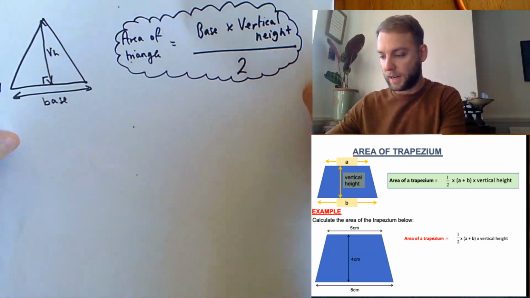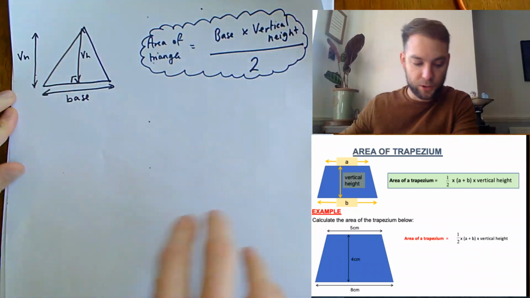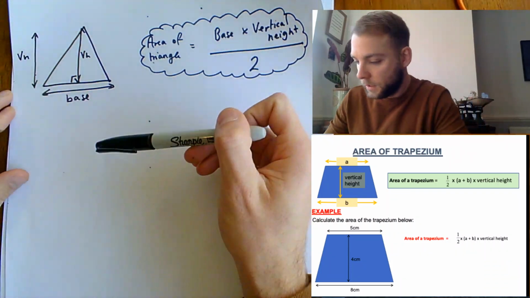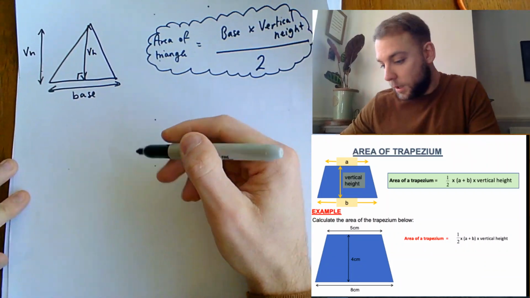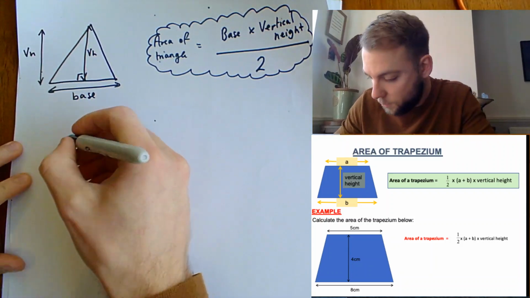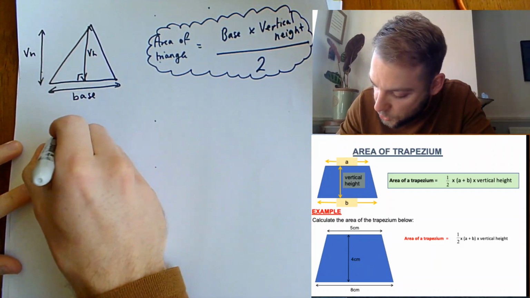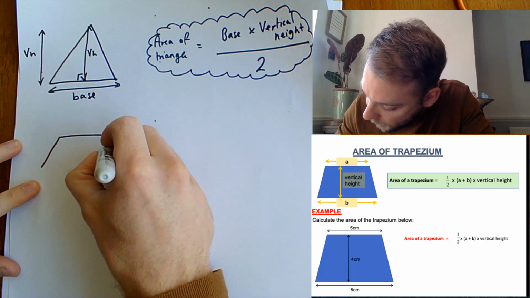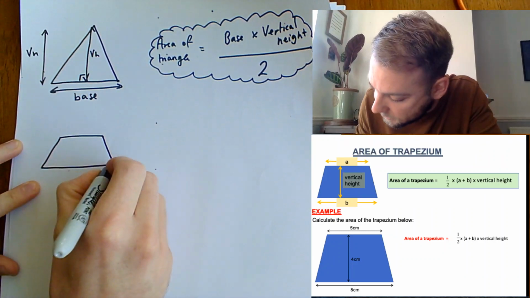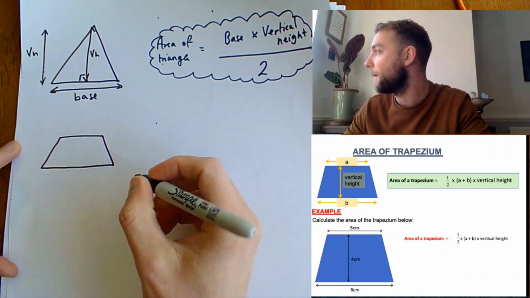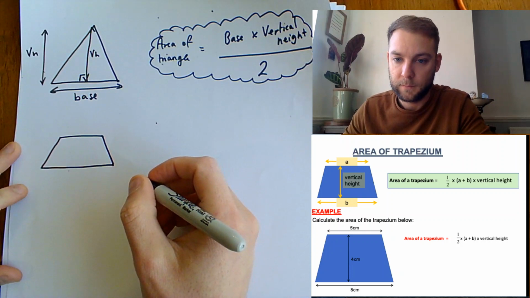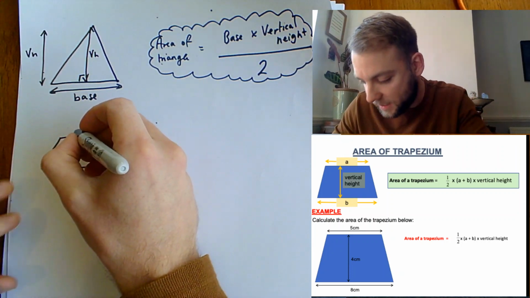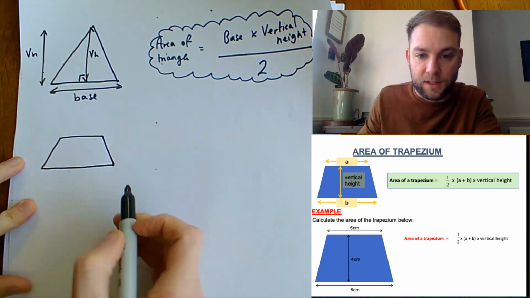So the next thing we're going to be looking at is our trapezium. In a trapezium, what we have is 2 parallel sides. We have a pair of parallel sides, and then we have 2 which aren't parallel. Now, the best way to think about this, I think, is that we're averaging out these 2 sides.